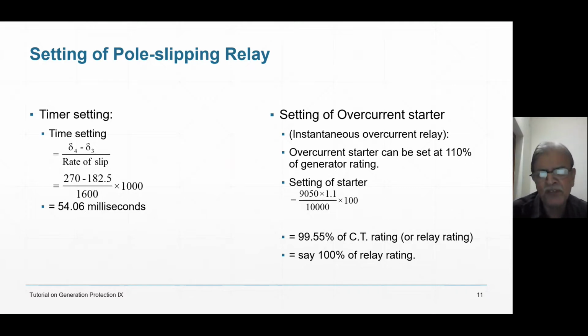We set 100%. We set the relay at 5 ampere. So the setting of the overcurrent starter is at 5 ampere. So many settings are there. Again, the starting directional relay and its angle, the blinder and its angle, the negative resistance reach, number 3, the timer setting, and the overcurrent. 5 settings are to be done in the relay.